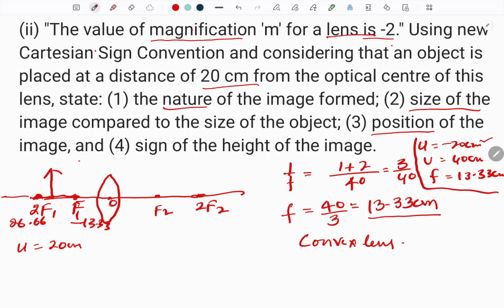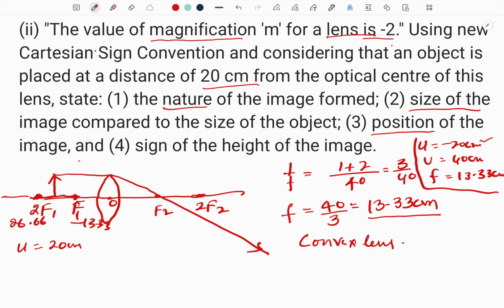Now let us draw a line which is parallel to the principal axis. A line which is parallel to the principal axis should go through the focus, according to ray diagram rules.